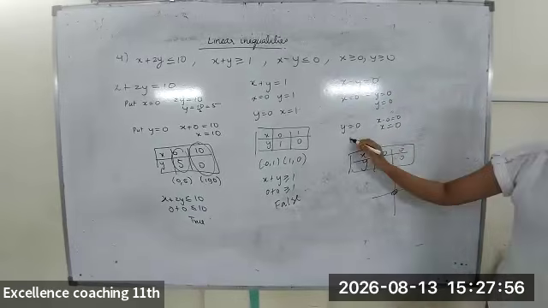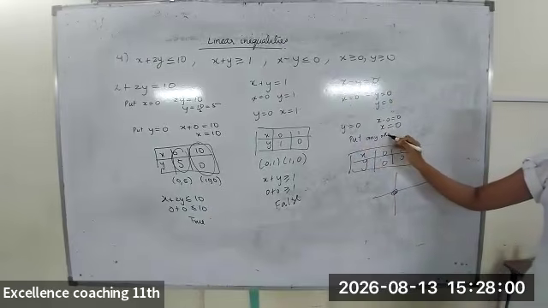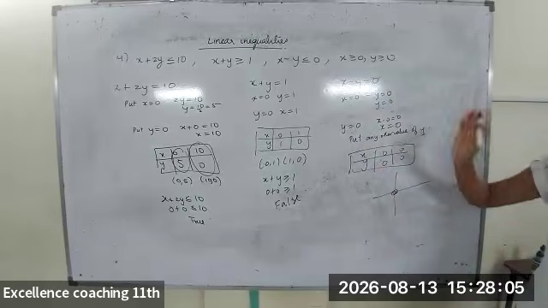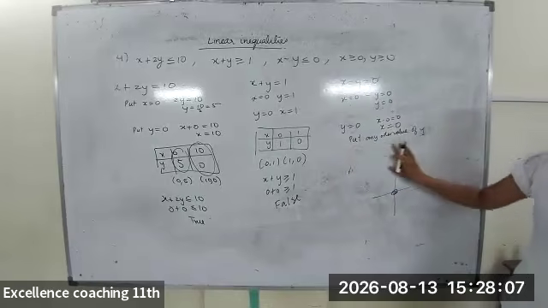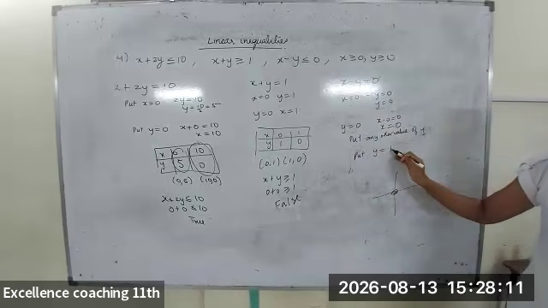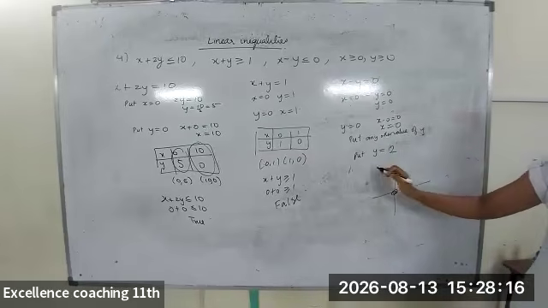So in this case, put any other value of y instead of 0. Put any other value of y, whichever you want. You can put y equals 1 or 2 also if you want. Any value, and then calculate the value of x.